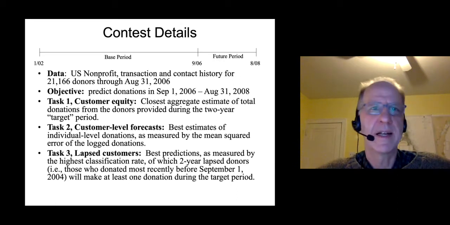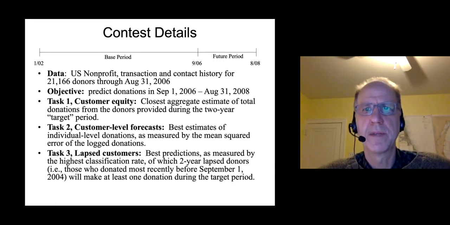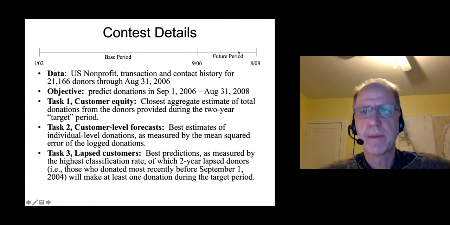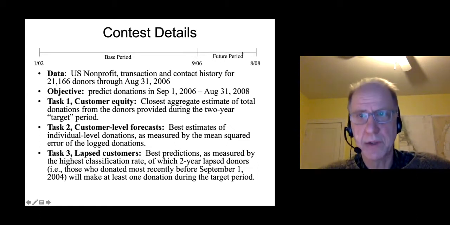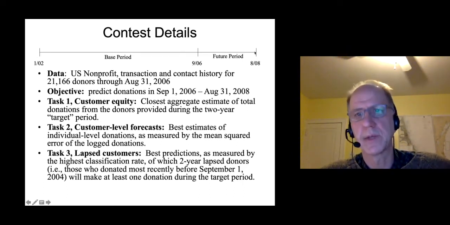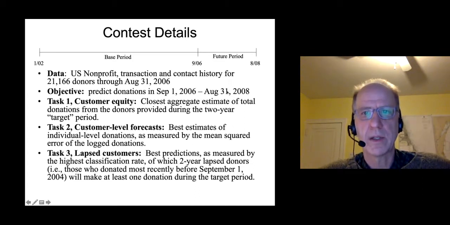We launched the contest in the beginning of 2008. The first task was to predict donations in this 2-year window from September 1st, 2006 through August 31st, 2008. So the fact that we launched this competition in the beginning of 2008 meant that nobody knew the right answer. Nobody knew how much those customers were going to donate in 2008 through the end of August.